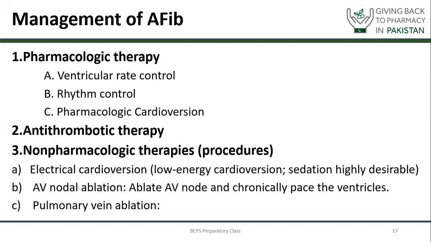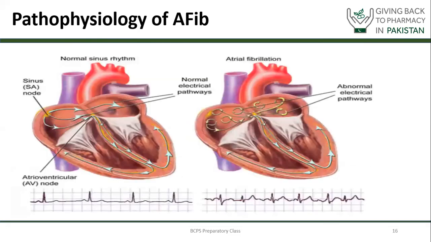So management of AFib includes pharmacological therapy: ventricular rate control, rhythm control, and pharmacological cardioversion. The problem can be that the SA node and AV node are not controlling the current, and the current is flowing very frequently.